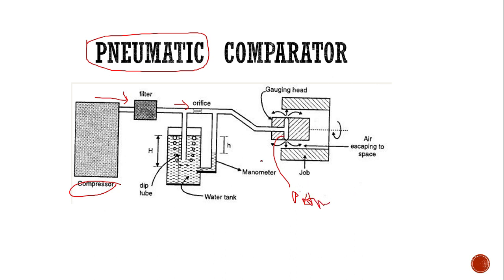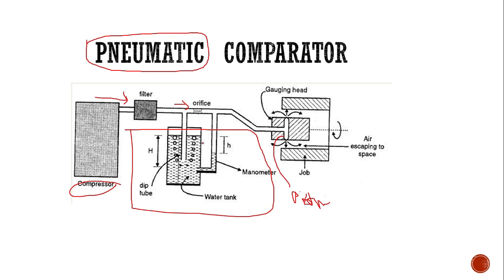Now coming to this part, the pressure is properly maintained with the help of this water tank, manometer and dip tube. So the required air is passed here on this gauging head, and this pressure is maintained here.